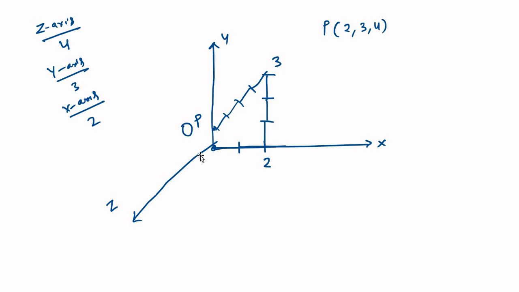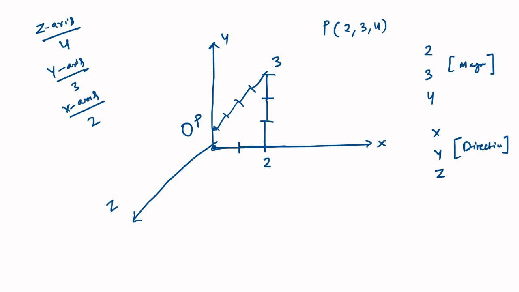So here the concept of reference point, which is the origin, magnitude, that is 2 units, 3 units, 4 units, come into play, and then we have x, y and z direction. That is also very important.